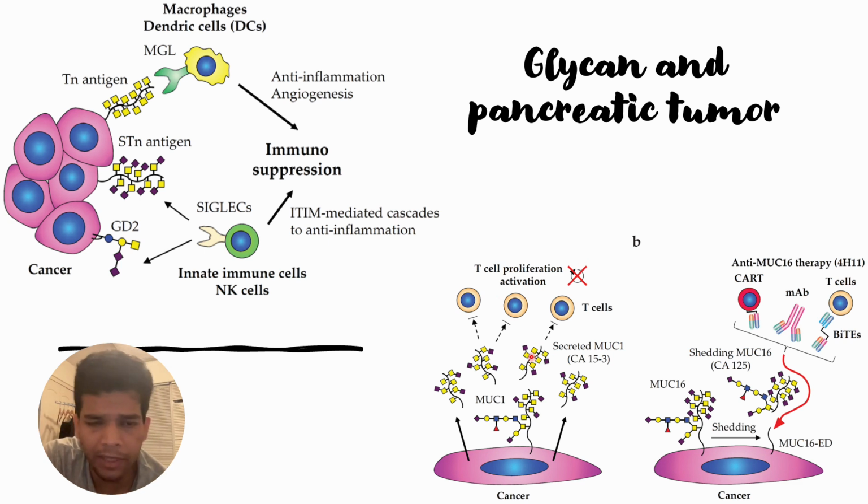One of the therapies focuses on the glycan structure known as CA15-3, which is related to MUC16. In cancer cells, this CA15-3 glycan structure is more predominantly expressed, and it suppresses T cell proliferation, or reduces the activation of the T cells, as shown by the dashed arrow.